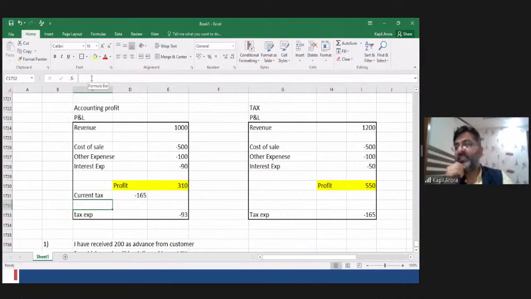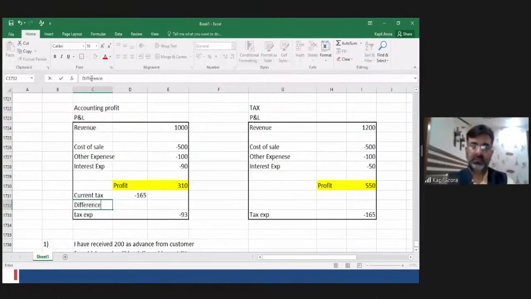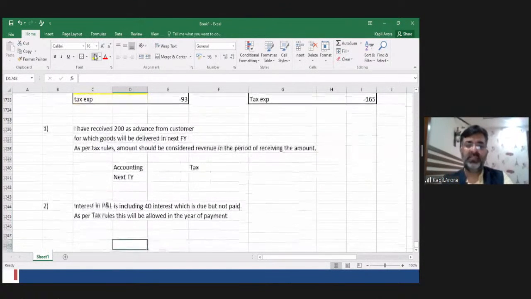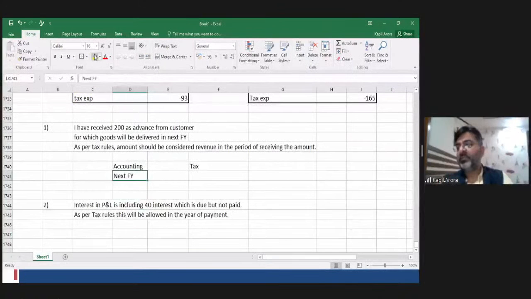But my overall tax is 93. So what is the difference? The difference is 93 minus 165, which is 72. And we know the reason for the difference. The reason is written below.